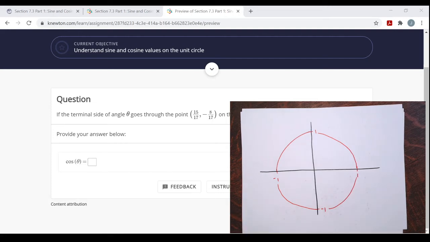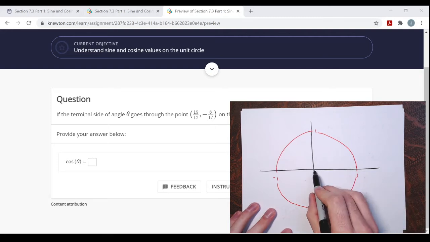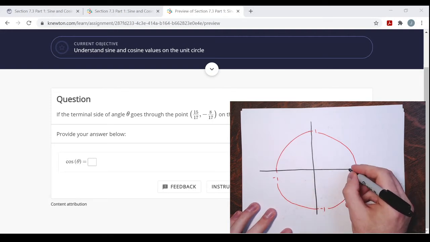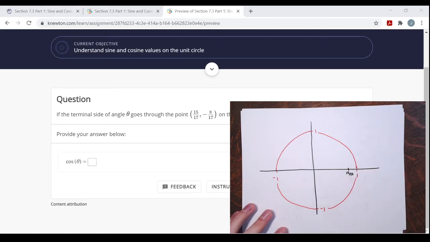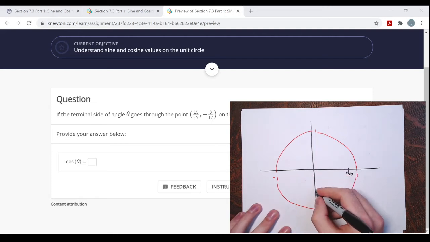Now they're telling us that this angle theta that's drawn passes through the point 15/17, right? So 15/17 on the x-axis, that would be pretty close to 1. Let's say that's 15/17, and the y-coordinate is -8/17. So going down here, that'd be a little less than halfway. Let's say that's there, -8/17.